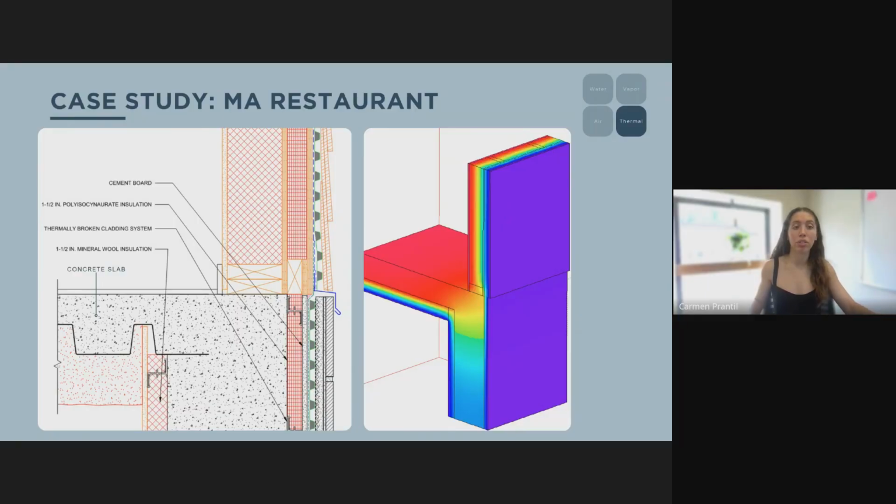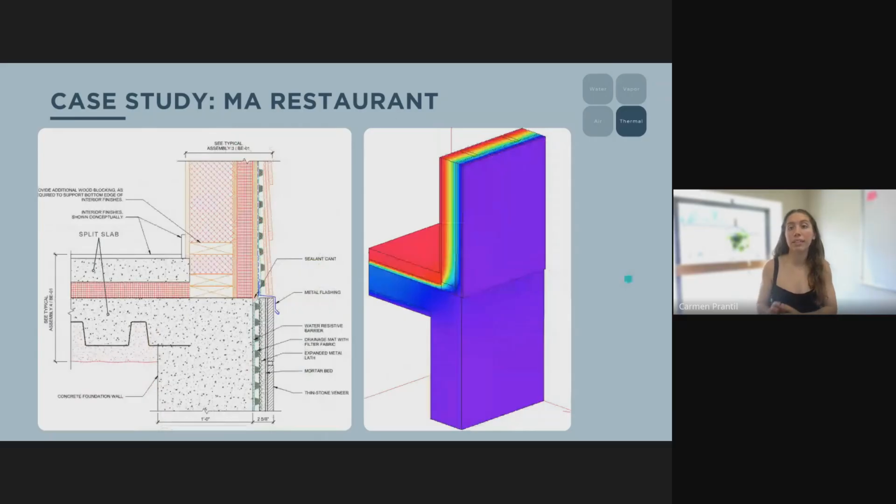We also put rigid insulation on the interior, all the way down to the footing. And then we put K13 under the slab between the conditioned and unconditioned space. And when we model it, we can see a significant amount of red, of orange, of yellow. So again, that's going to be thermal bridging, heat escaping through that condition and detail.